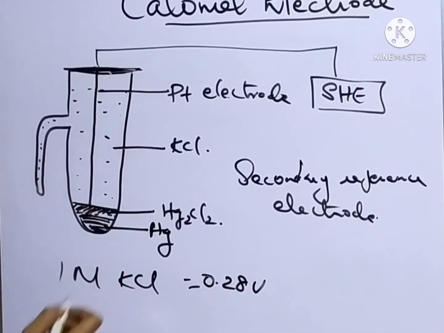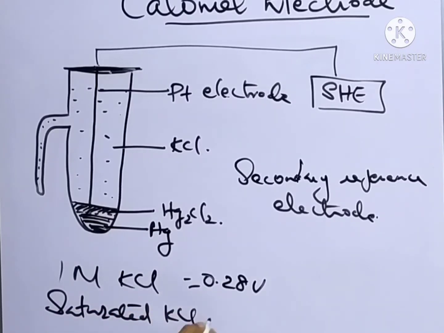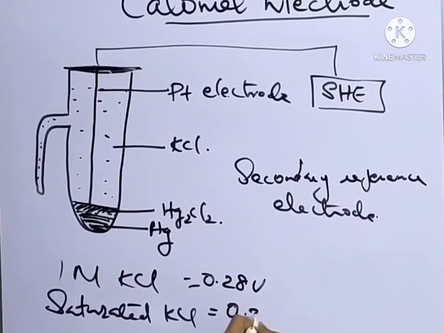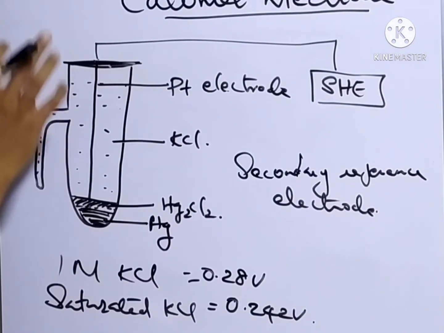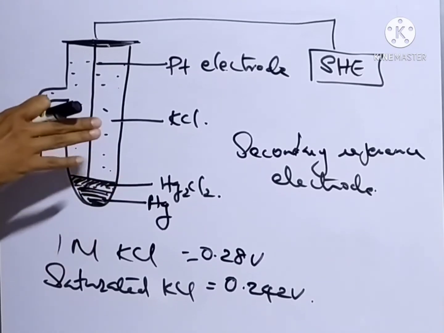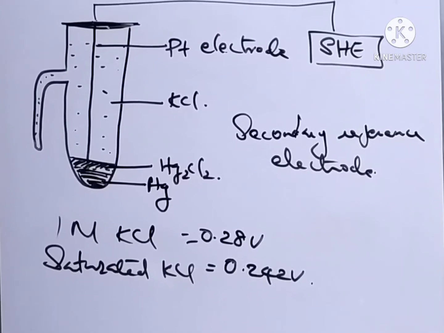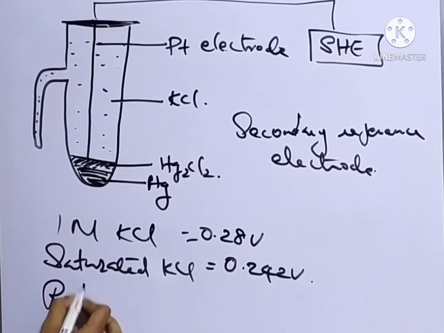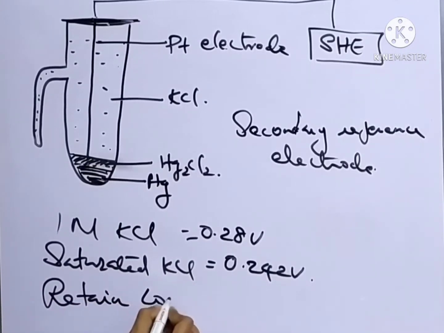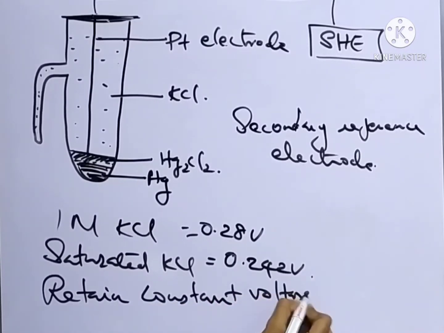If we are using saturated KCl solution, then the value is measured as 0.242 volt. The important characteristic of the calomel electrode is that it can retain constant voltage for a long time.